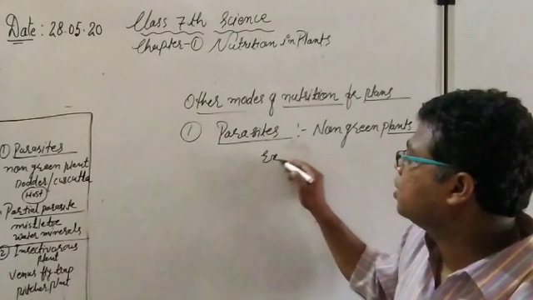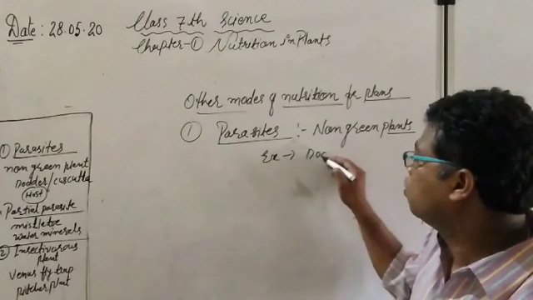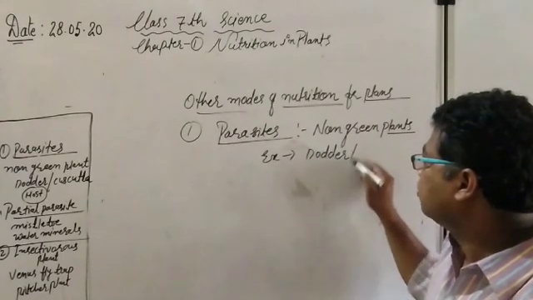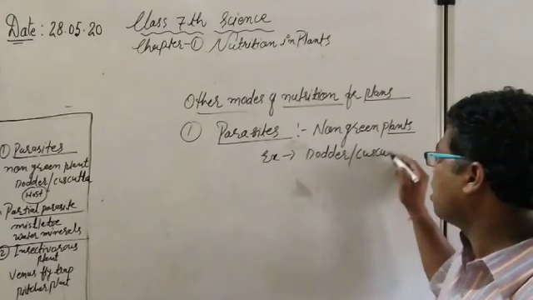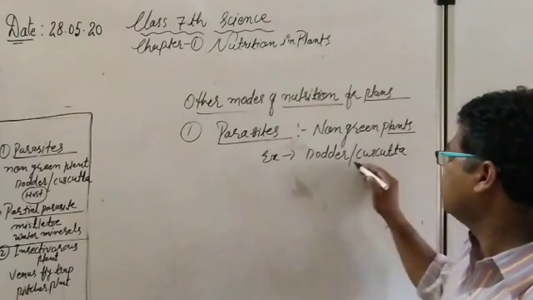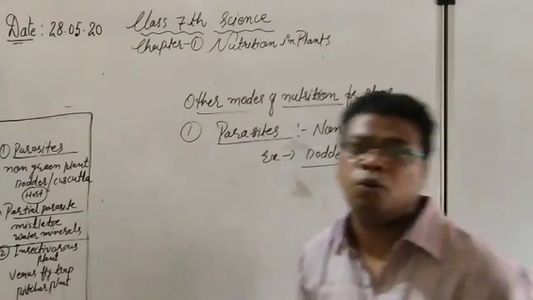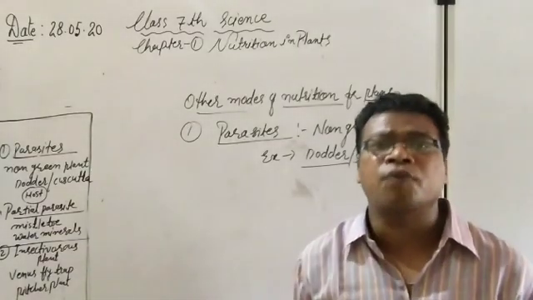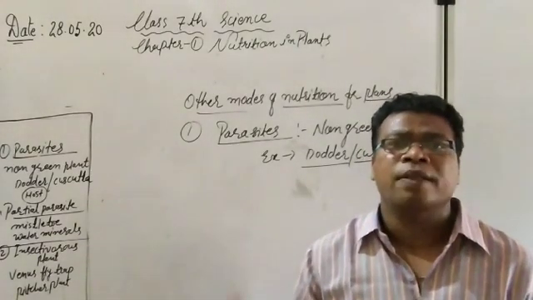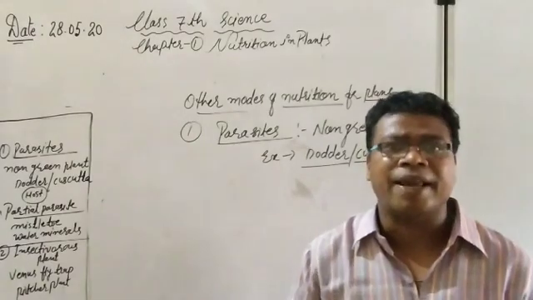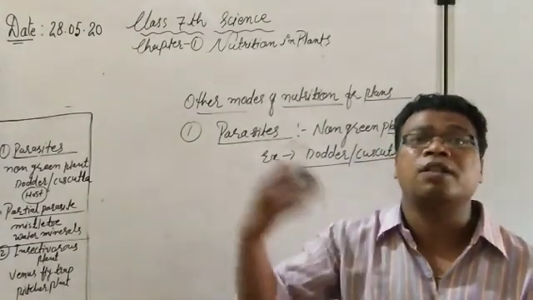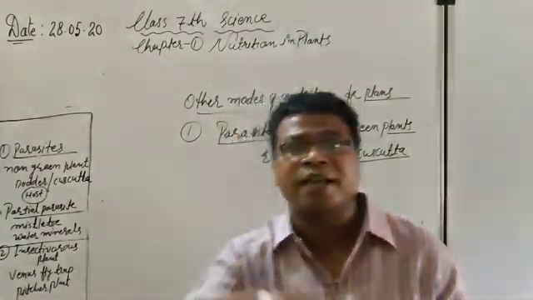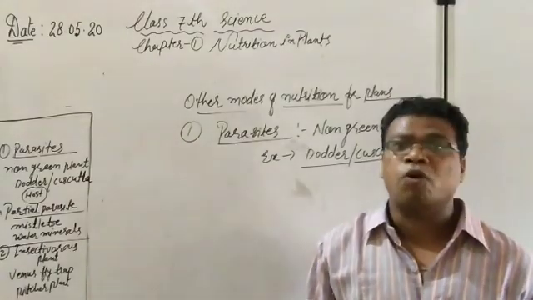And what is a good example here? We have a good example, the dodder plant. Sometimes it is also known as cuscuta. This is the name of the plant, dodder or cuscuta. It is a type of plant which doesn't have chlorophyll, and that's why they wrap their body parts on some other plant. From there they get their ready-made food.